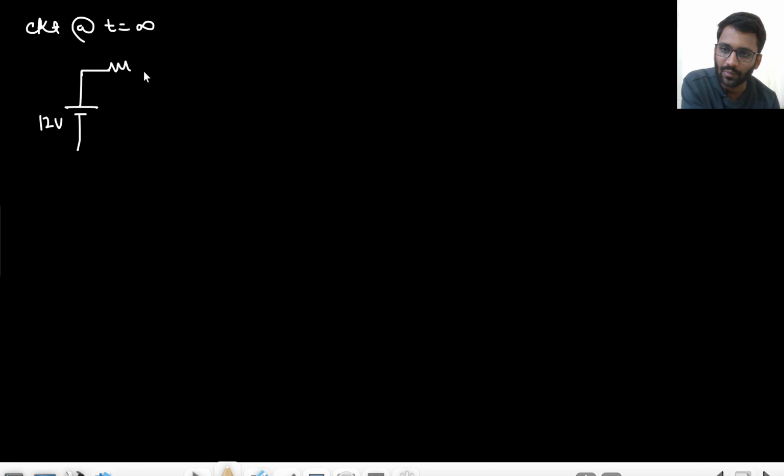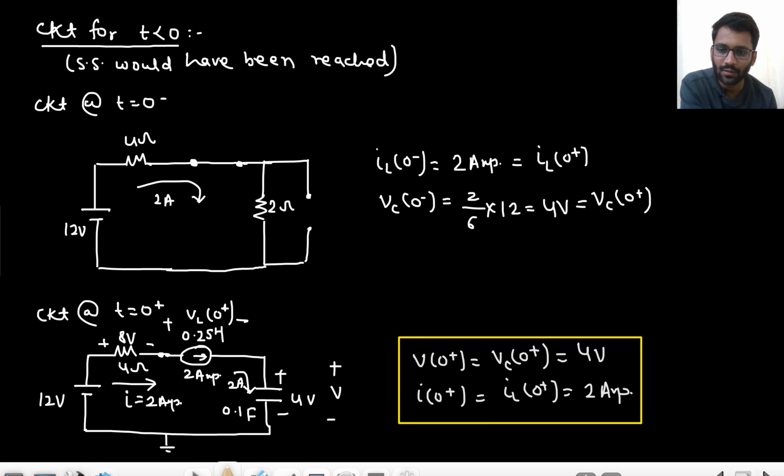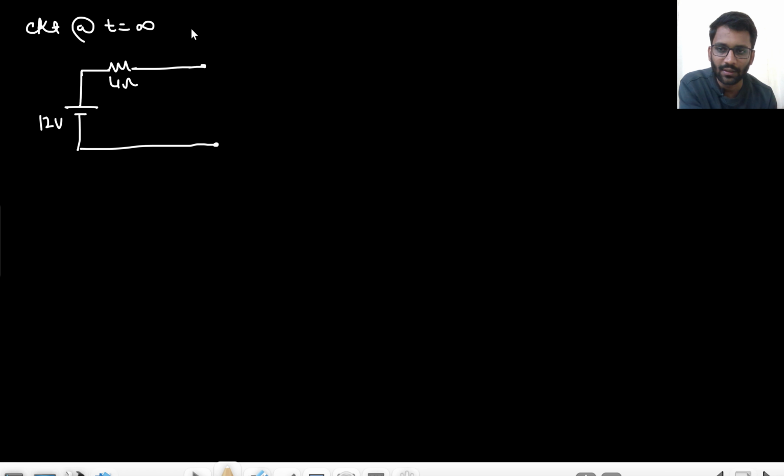This is 4 ohm resistance. This is V and this is VL. Here this will be your I current and this will be your V, right?